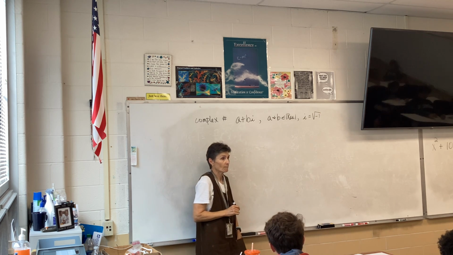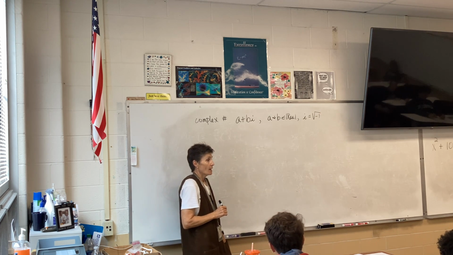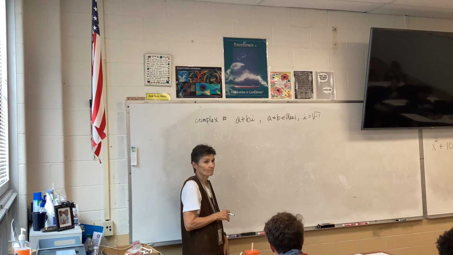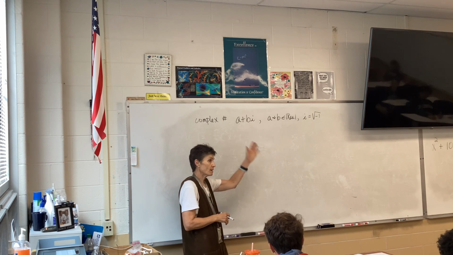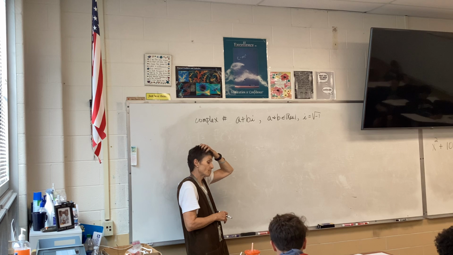That's what a complex number is. Every number that you know of right now, probably, is complex. So the number 5 is 5 plus 0i. Root 13 plus 0i. Every number you know of is complex.